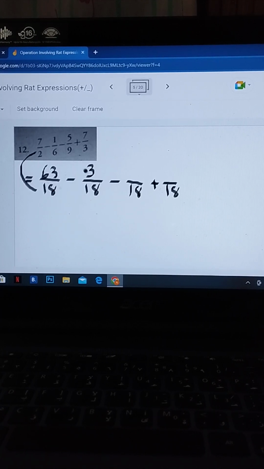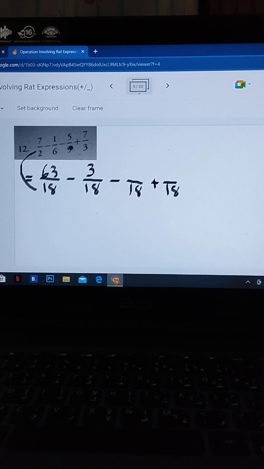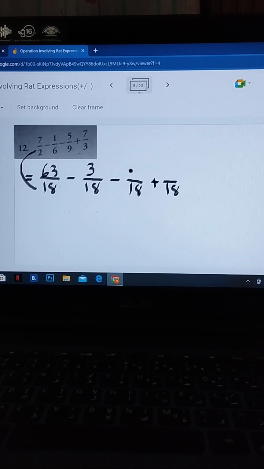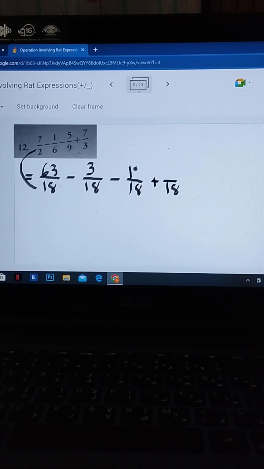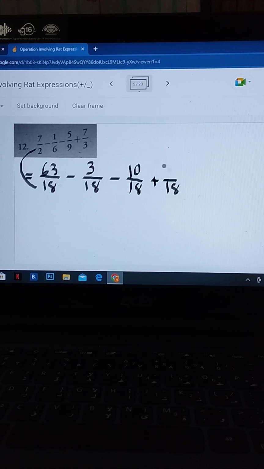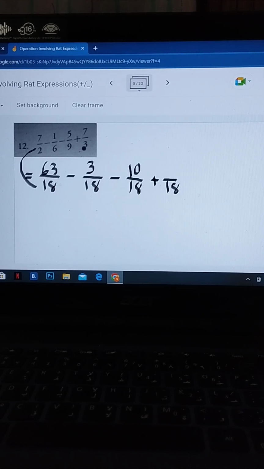Next, 18 divided by 9 is 2, 2 times 5 is 10. 18 divided by 3 is 6, times 7 is 42.